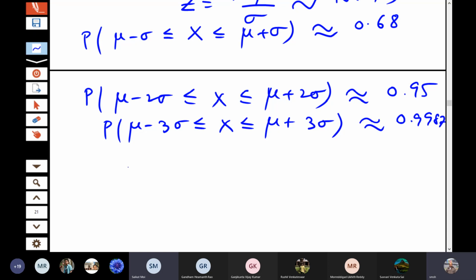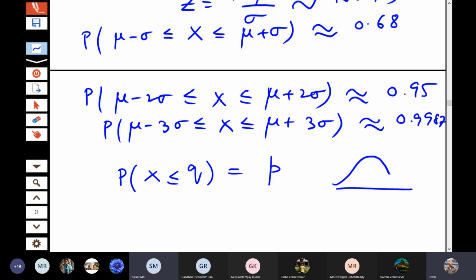So suppose I put here a condition like this: probability of x less than or equal to, say, some number q, is equal to p.